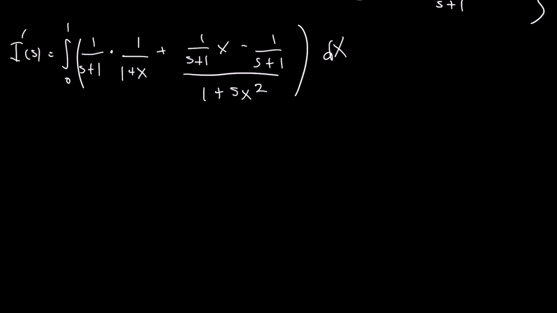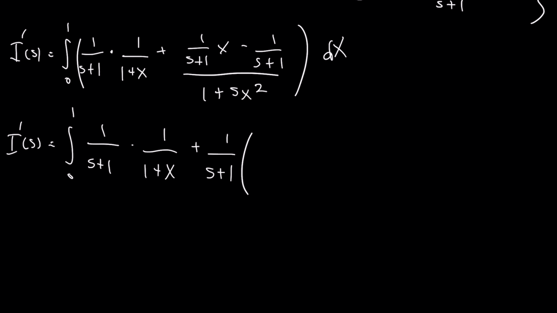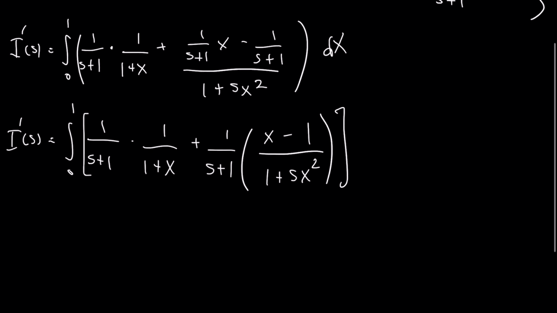So we could factor out a 1 over s plus 1. So we have I prime of s is the integral from 0 to 1 of 1 over s plus 1 times 1 over 1 plus x plus x minus 1 divided by 1 plus sx squared. All of this with respect to x.